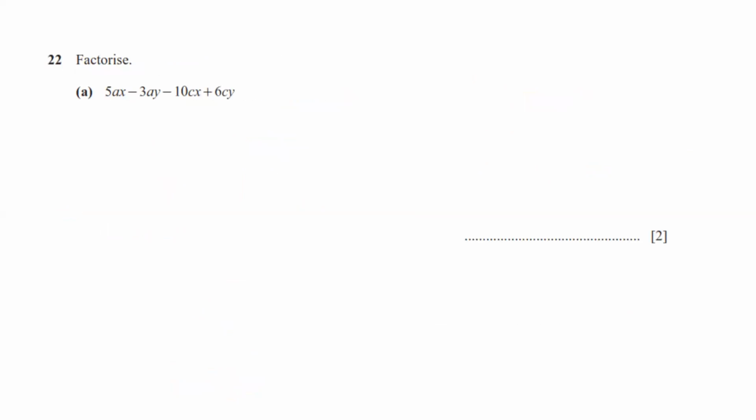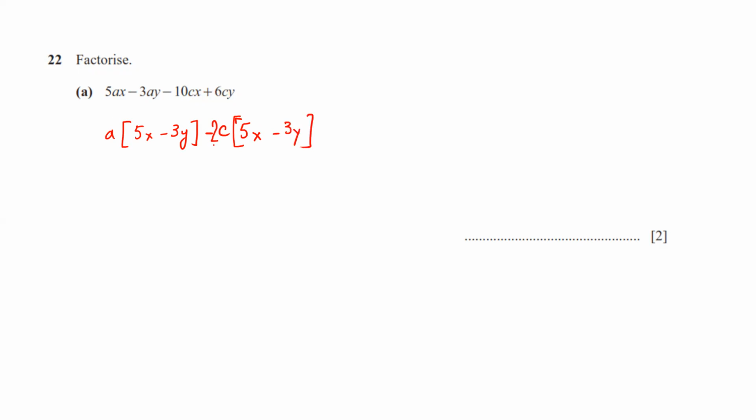Next, question number 22, factorize this. So let's take c common, and from 10 and 6 let's take 2c common. It comes out as 5x minus 3y.